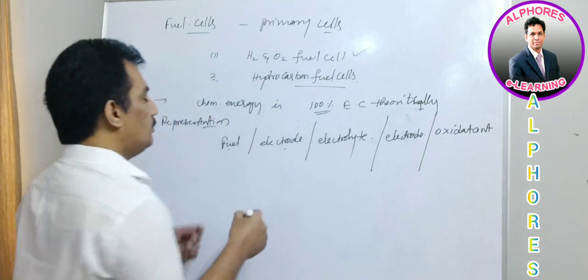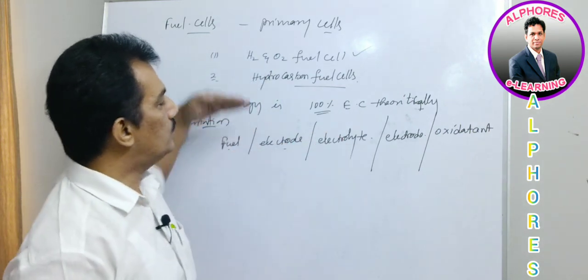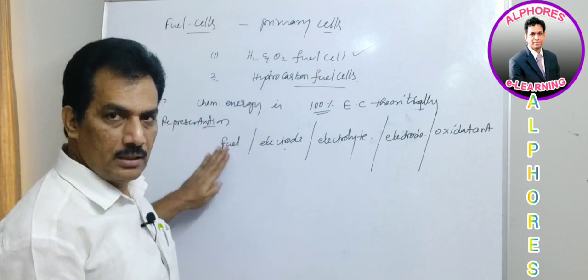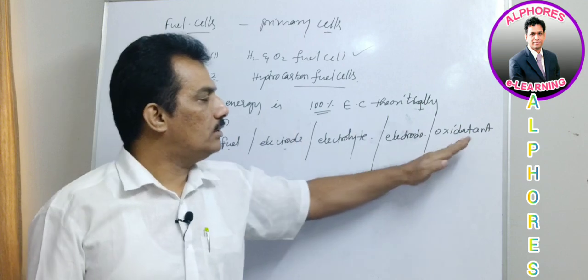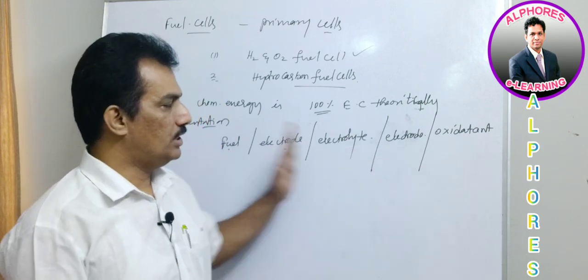In this representation, the fuel, when used for generation of current, has to go for oxidation at the anode, and for that oxidation one component is used, that is nothing but the oxidant. That we have to mention.